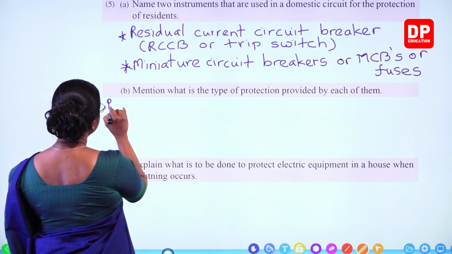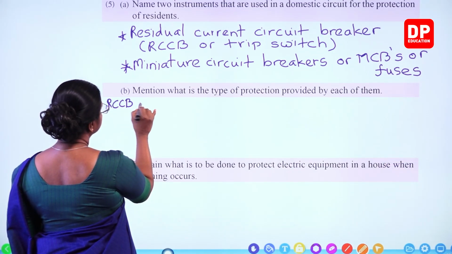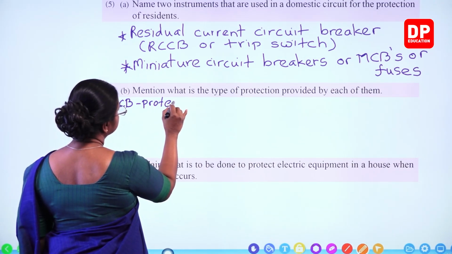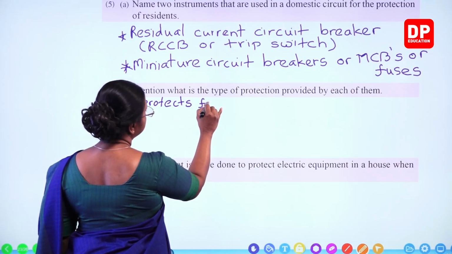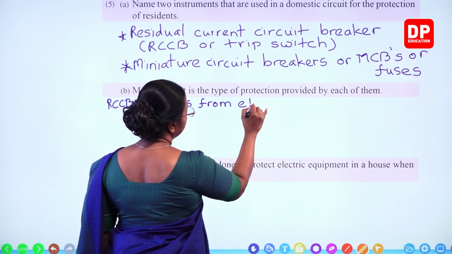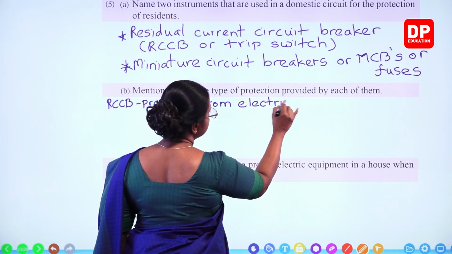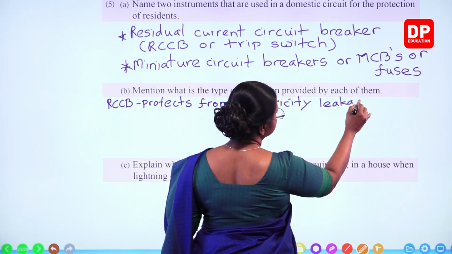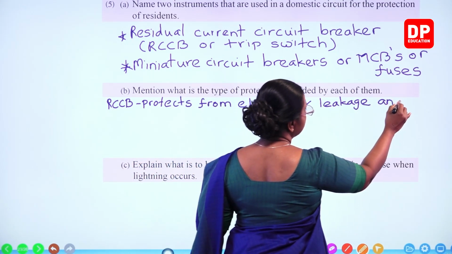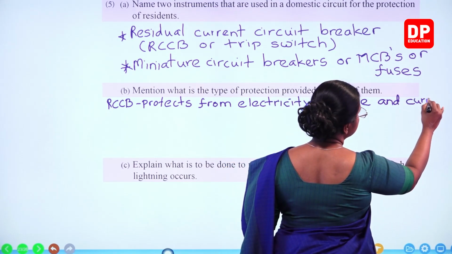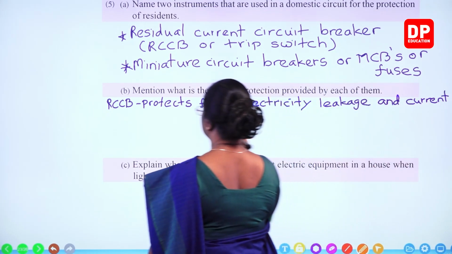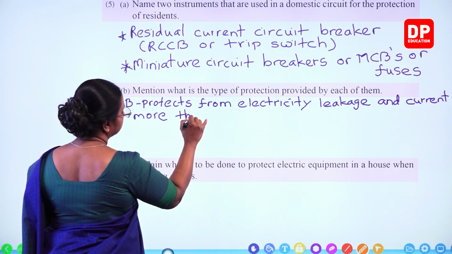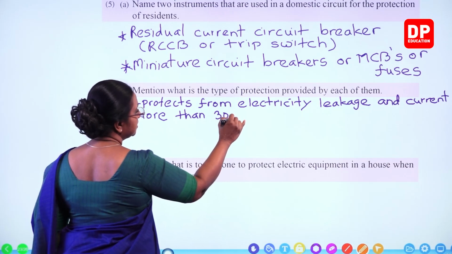So, RCCB, and say protects from electricity leakage and current more than 30 amperes.